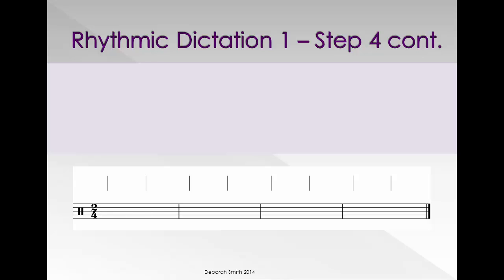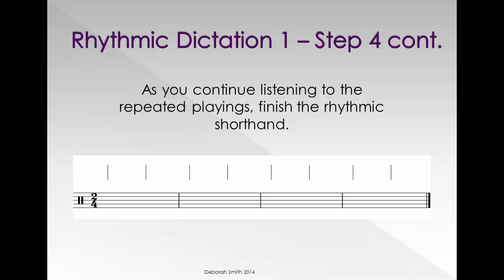Listen to the rhythm for a second time. Continue pointing to the beat and make marks where you hear sounds on each beat. 1, 2. Here is the rhythm for a third time.